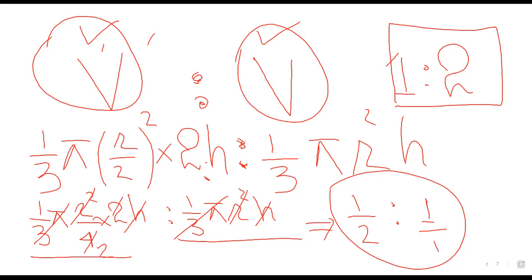The question is, if the radius is half, what will be the ratio of the new volume to the old volume? New to old. So new is 1 and old one is twice, because its volume is depending not upon the height, but upon the radius, because it's part of the cylinder.